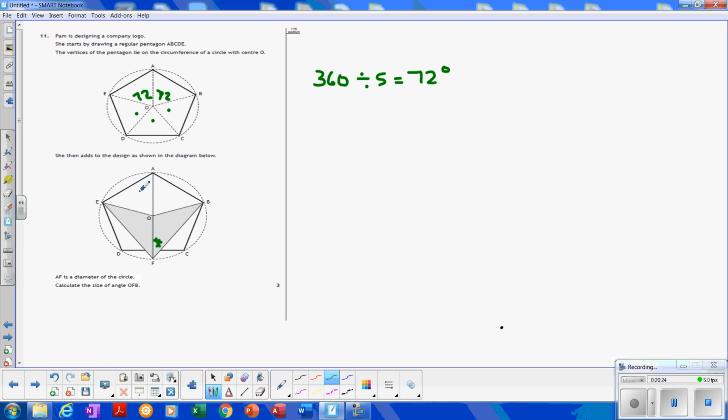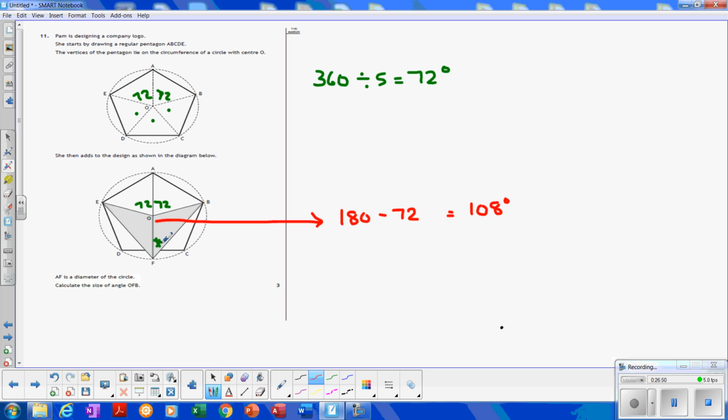Now if I put that into this diagram, then that's 72 and that's 72. Now how does that connect with the one at the bottom? Well, that's a diameter, so that part there's a straight line. So this angle in here has got to be 180 minus 72. So 72 away from 180 leaves me with 108 degrees.